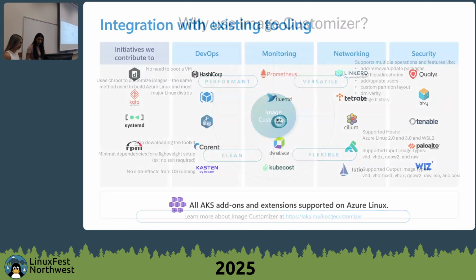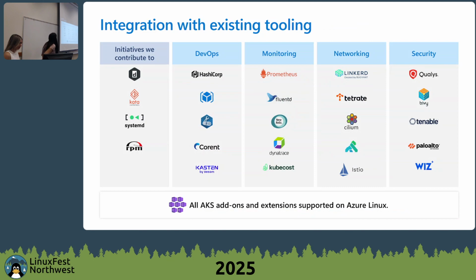And then, okay, so this is what our current integration with other software vendors looks like right now. You can see all the logos up there. We have initiatives that we contribute to, like systemd, RPM. We have various DevOps integrations, monitoring tooling like Prometheus.